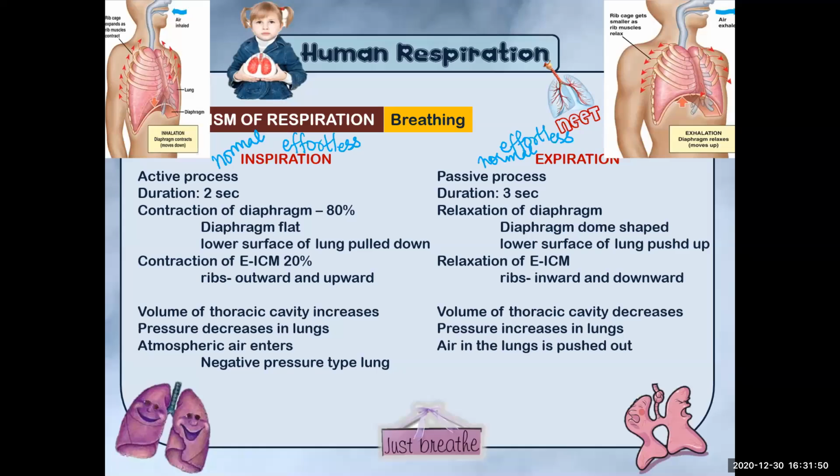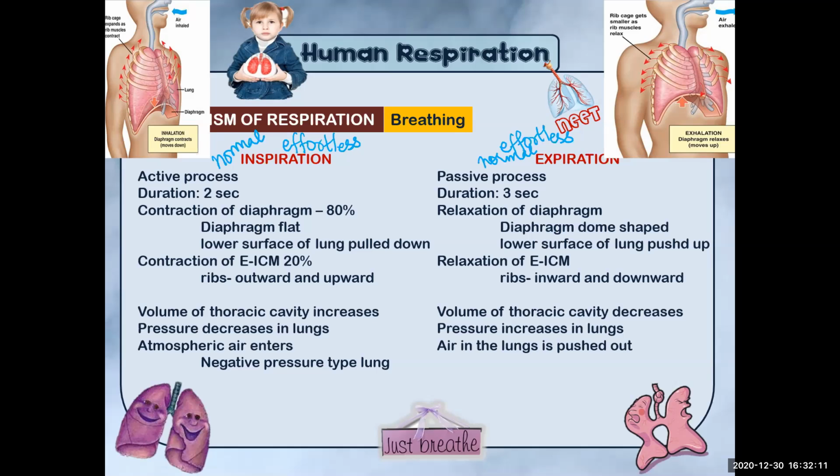Now, because of all this, the volume of the thoracic cavity will increase. Hence, pressure inside the lung will decrease. When pressure inside the lung decreases, the air will be gushed in from the atmosphere. This type of breathing is called the negative pressure lung.